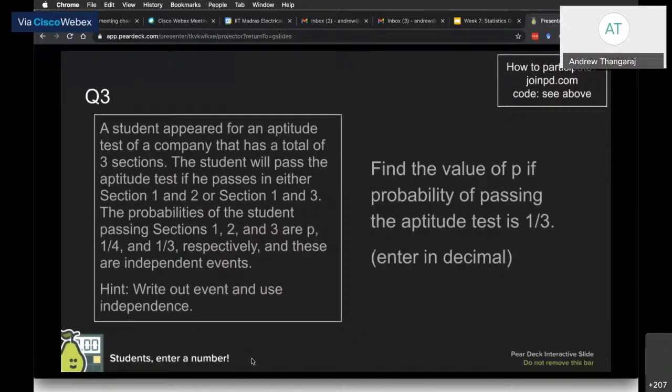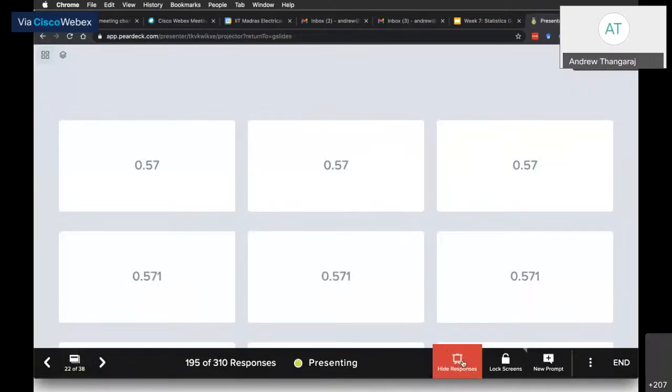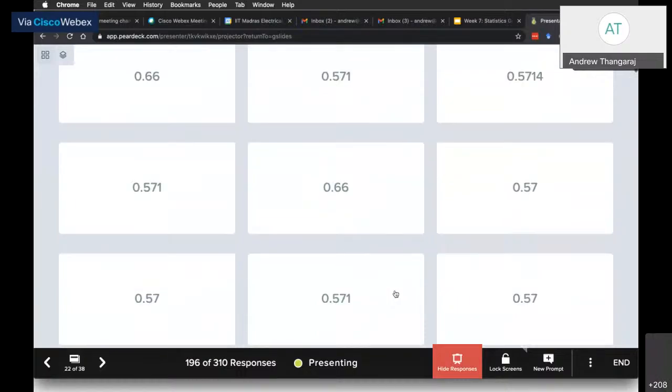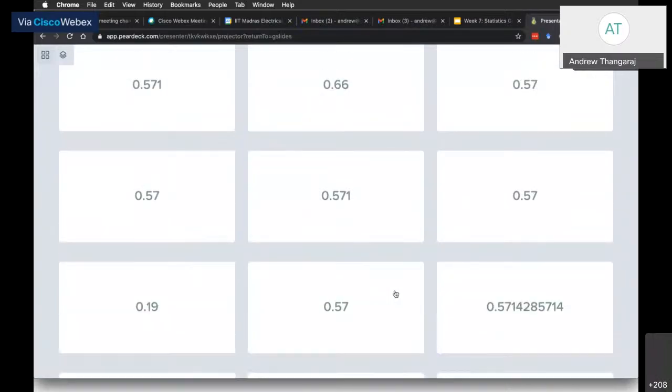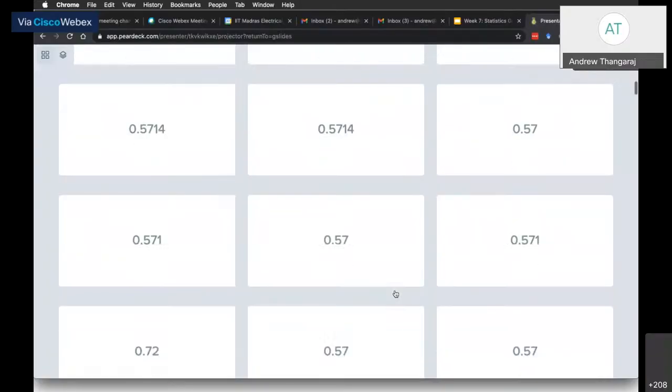Okay, so I'm going to show the solution and then discuss it. Quite a few people seem to have got 0.57, and there's also 0.66 showing up. 0.57 seems to be a very popular answer.